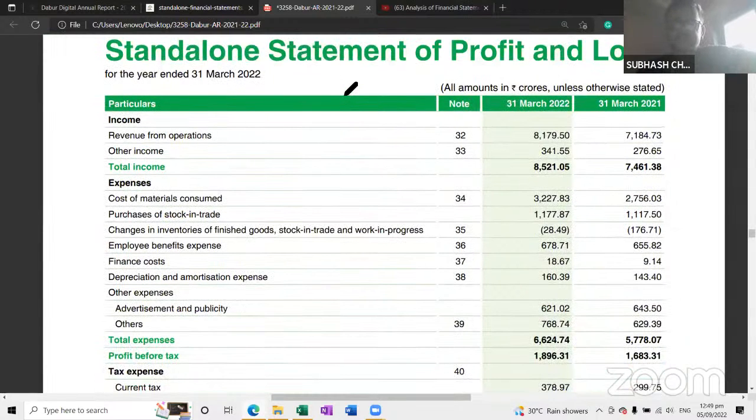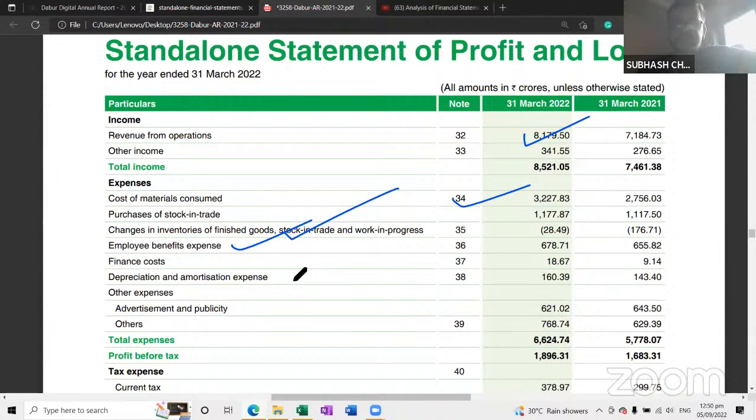Now this is your P&L statement, the revenue statement. Now you can check the same things we already understood, where the summarized data was given: cost of materials consumed, and the stock, raw material, inventories. This inventory change means opening and closing, the difference. Employee benefits, finance charges, amortization and depreciation total.